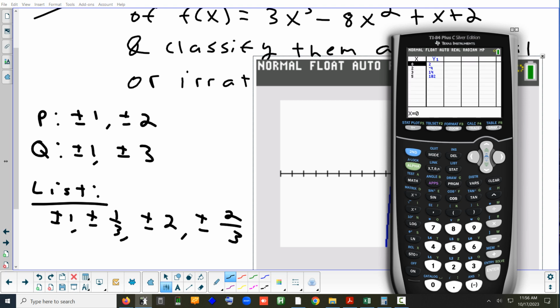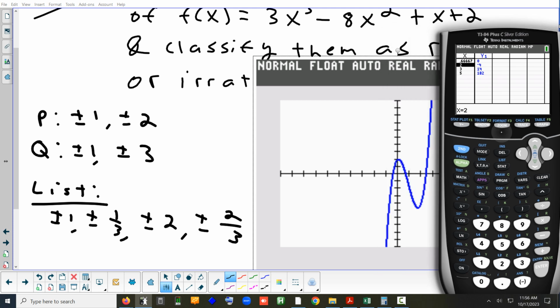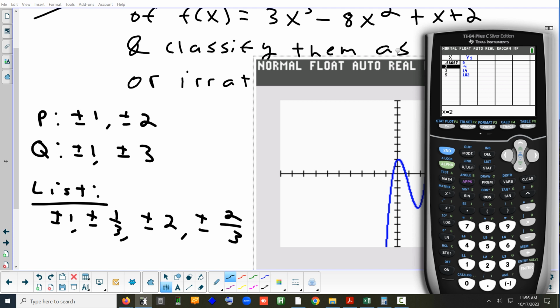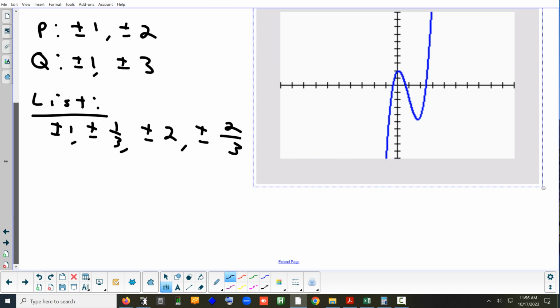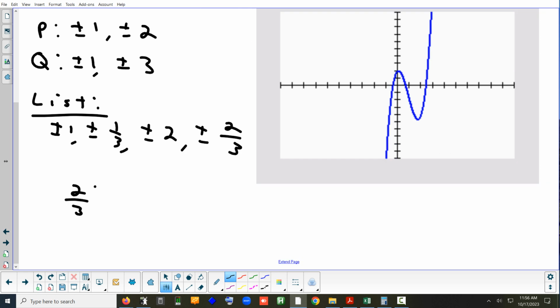Let's type in 2 over 3. 2 over 3 is correct. Is there any other one that seems like it could have been right? -1 over 3 looks like it could have been, but it's not, so we don't want to waste time on that one. So we want to do 2 over 3.